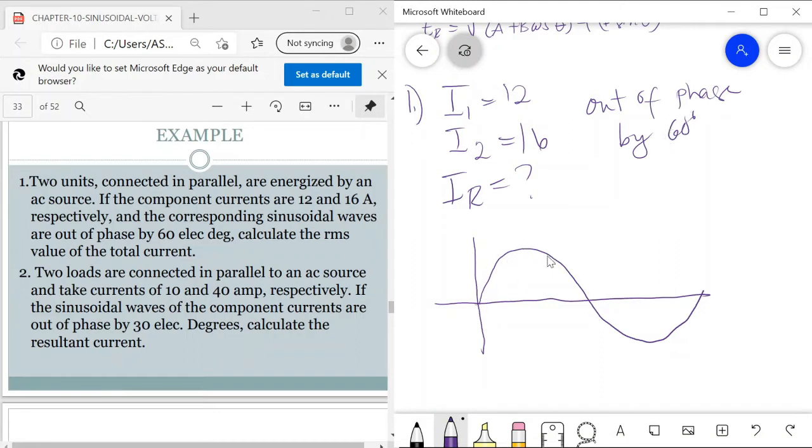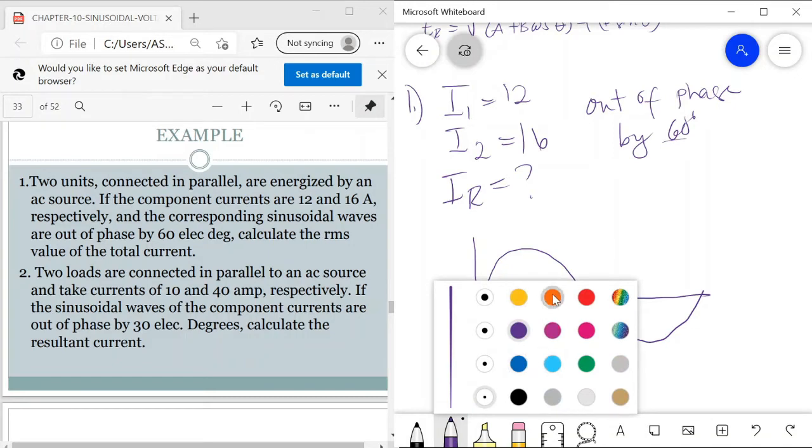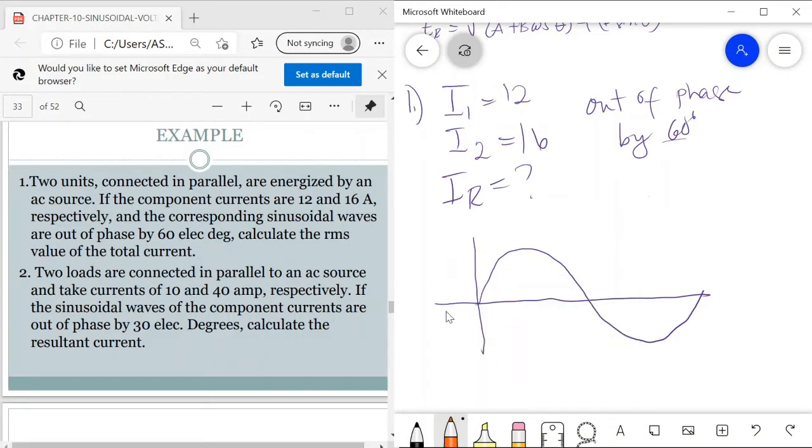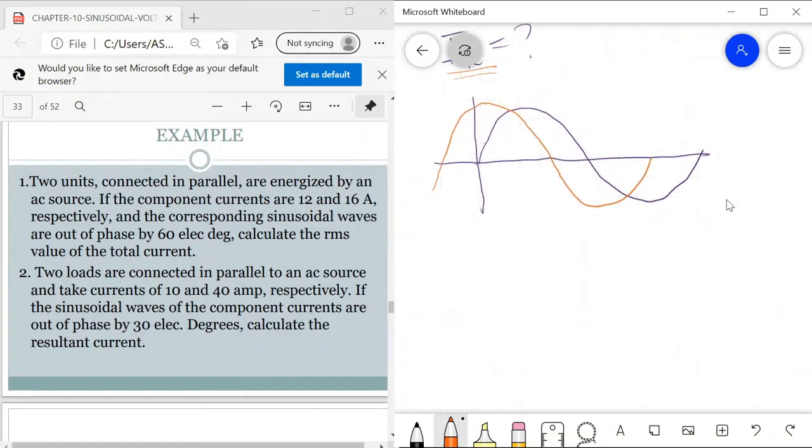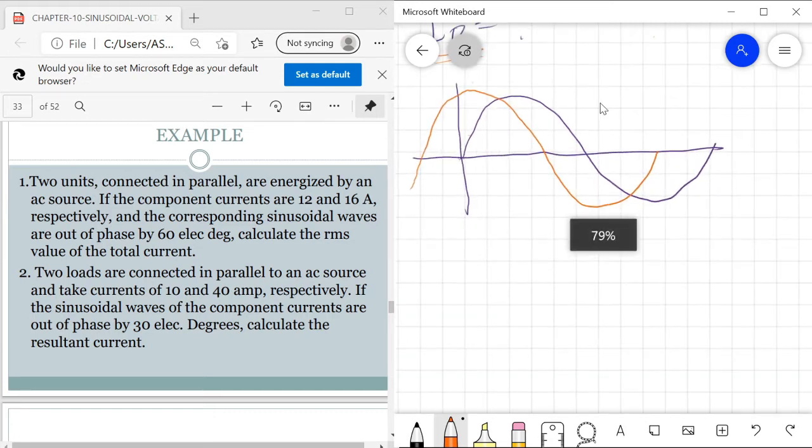So, this is your 12 amperes and the other one is displaced by 60 degrees. If we add these two waves, what will be its resultant? So, mas madaling isolve in terms of vectors.